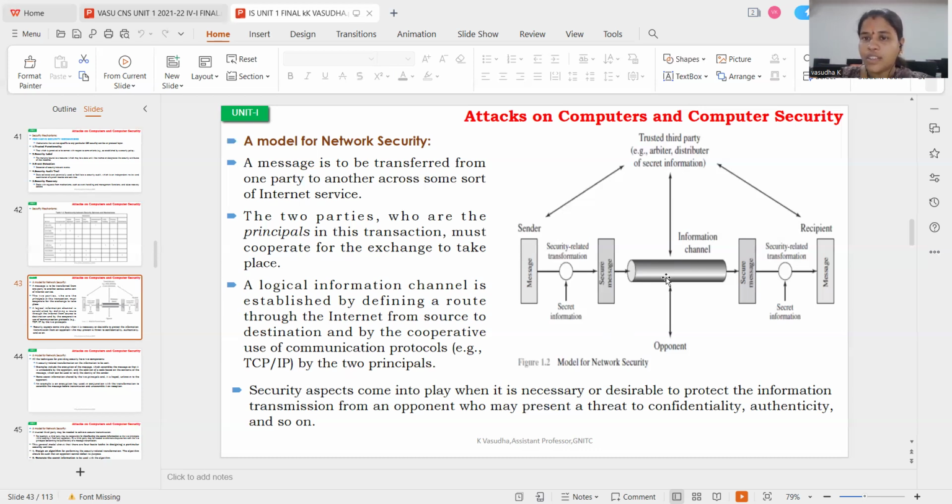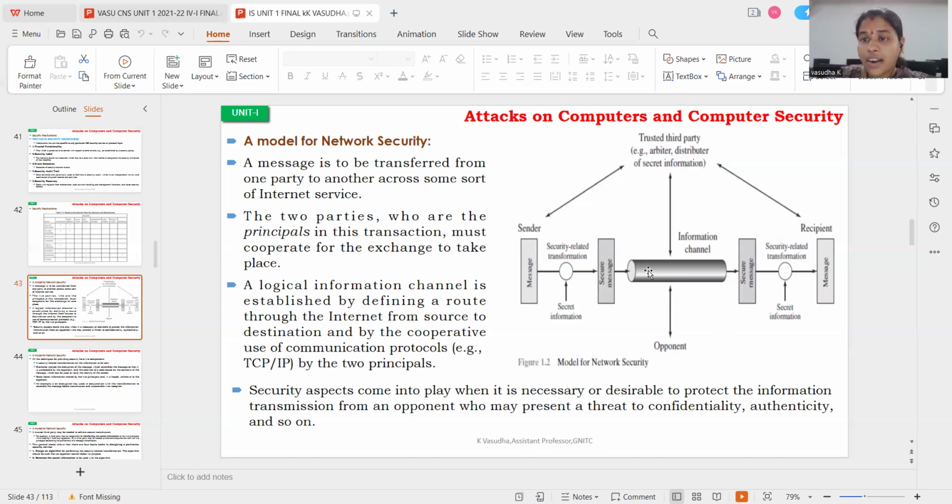Here the opponent, the third party, is the person who is nowhere related to the sending and receiving of the information. One person is sending the information and one person is receiving it between the two parties. So if any third person, knowingly or unknowingly, tries to access the information of the sender, it is called a security attack.